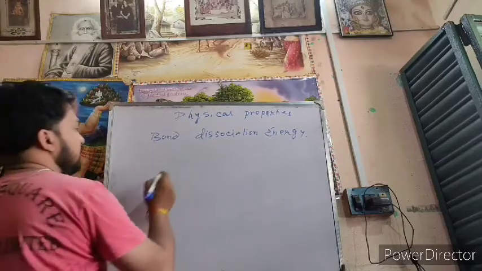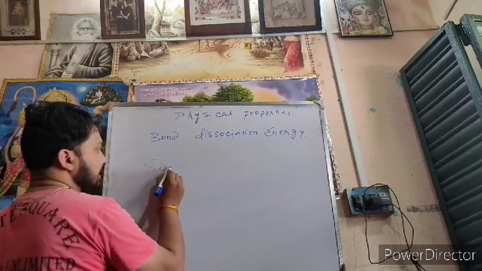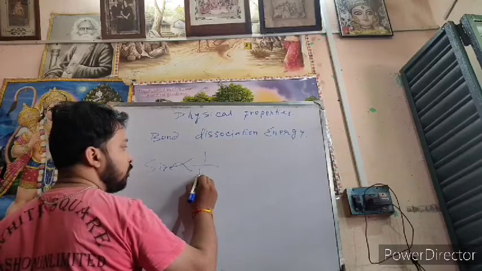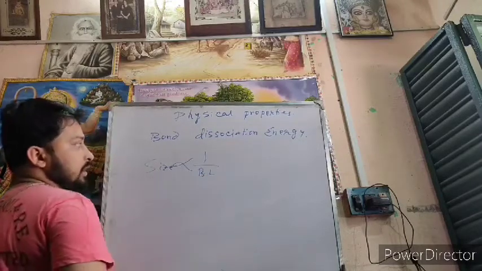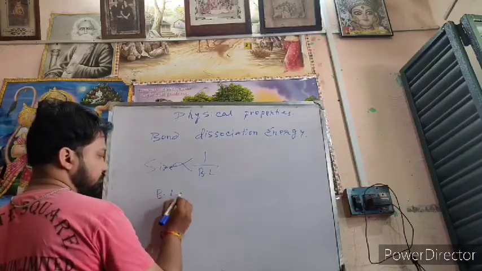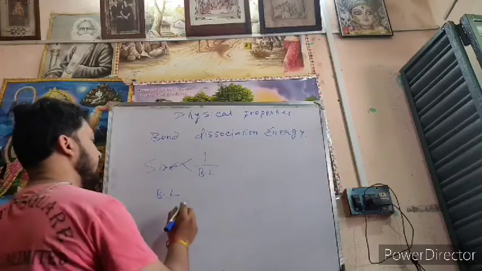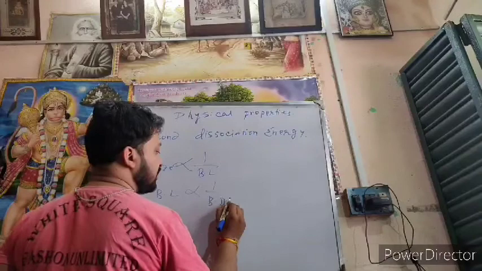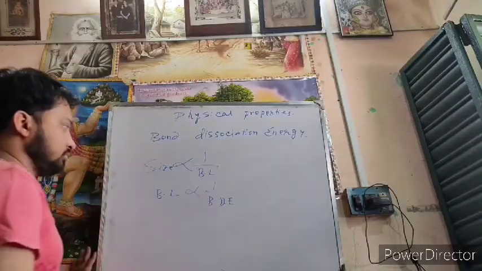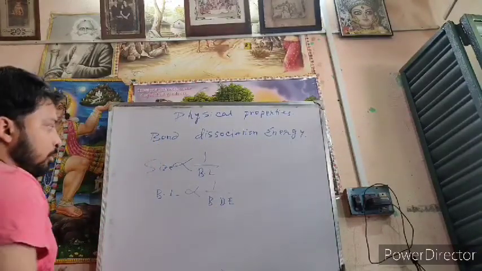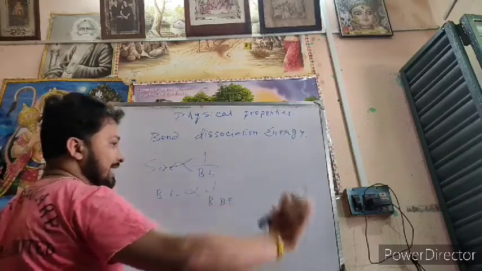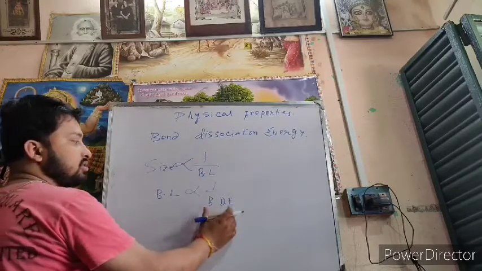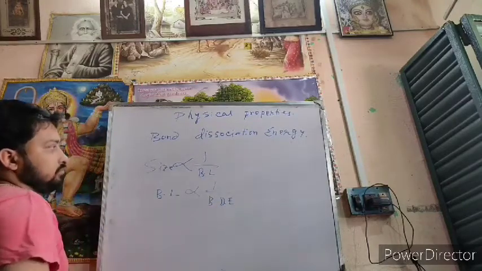So size is inversely proportional to the bond length, and bond length is also inversely proportional to the bond dissociation energy. The bond length is high, bond dissociation energy is low.